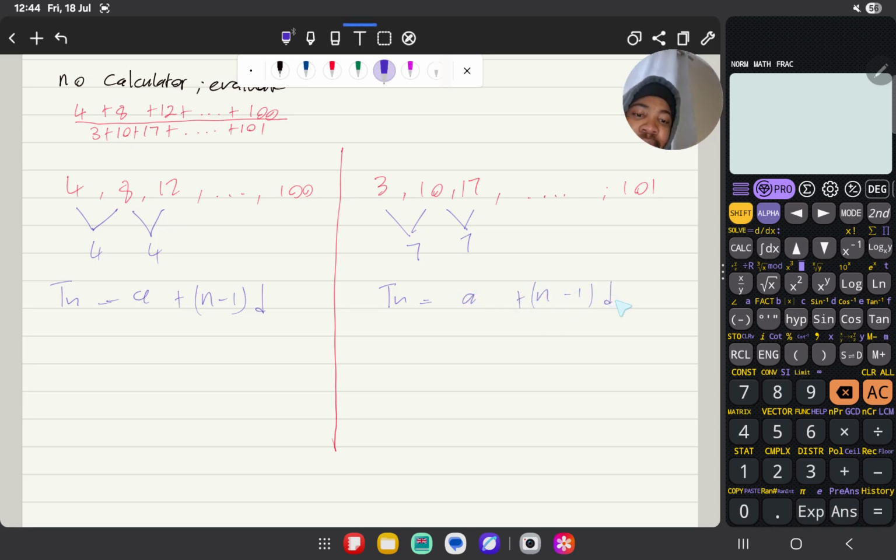So now Tn equals, substituting, a is 4 and d is 4. For the second, the first number is 3, (n minus 1), common difference 7.